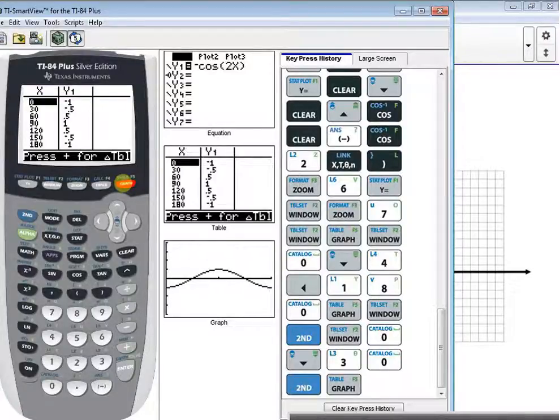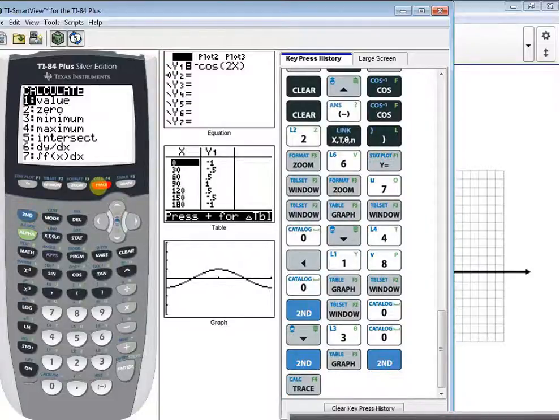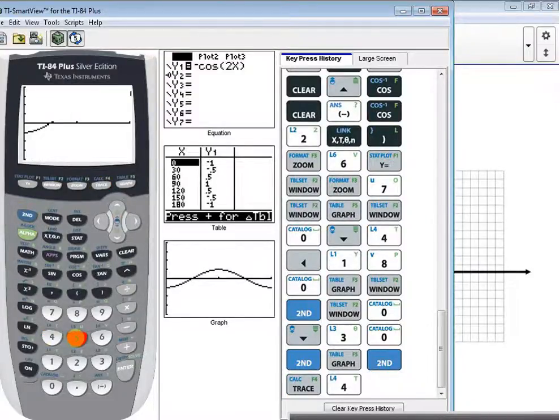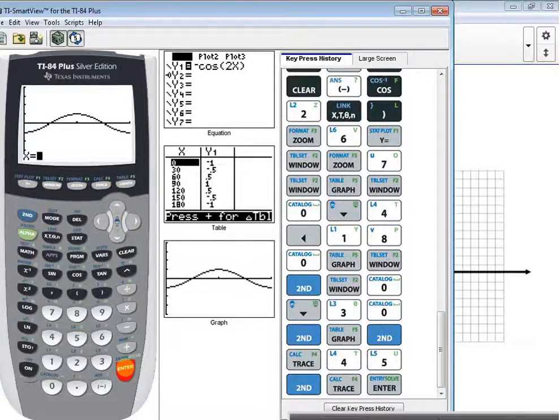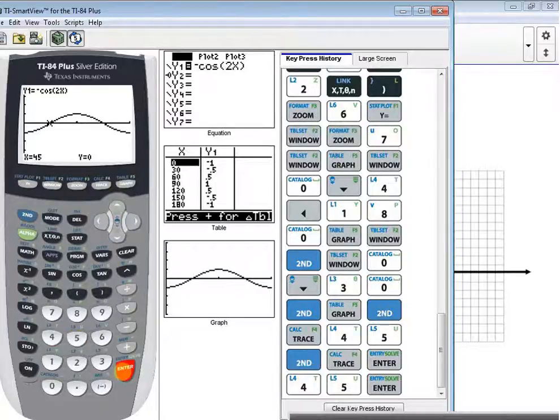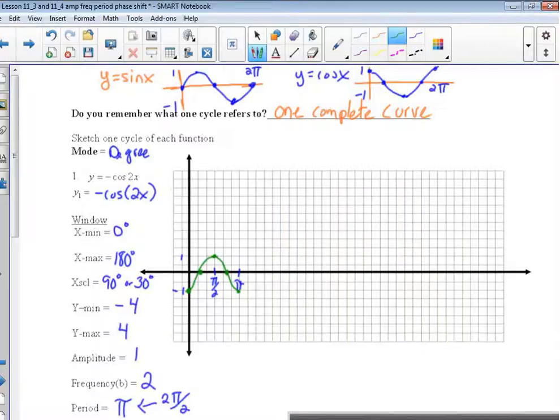If you wanted to see what's going on at 45, do second trace, value, and you can type in 45. At 45, we were at 0. Okay, so you should be able to see those key points.